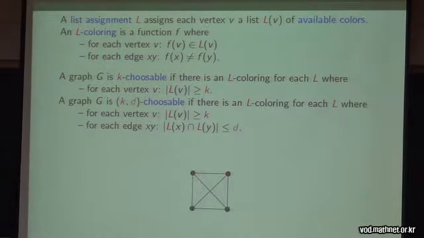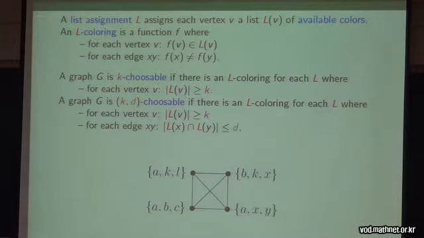For example, if you look at this graph K4, we know this is 4-choosable. But if you restrict the intersections of adjacent lists to be at most 1, then you can also show that it's 3,1-choosable. For example, if I let this list be A, B, C, and I look at the adjacent lists, these two vertices share the color A. Here they also share A. And here they only share B. And I give it some other colors so that the list assignment is satisfied.